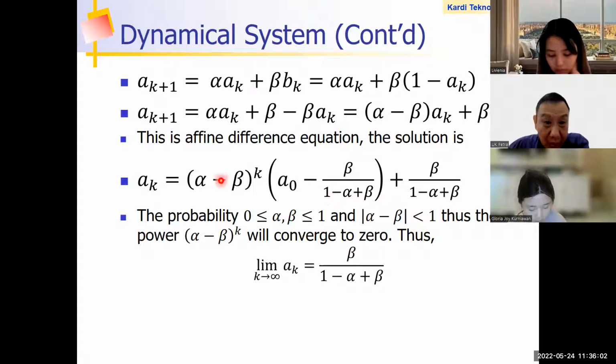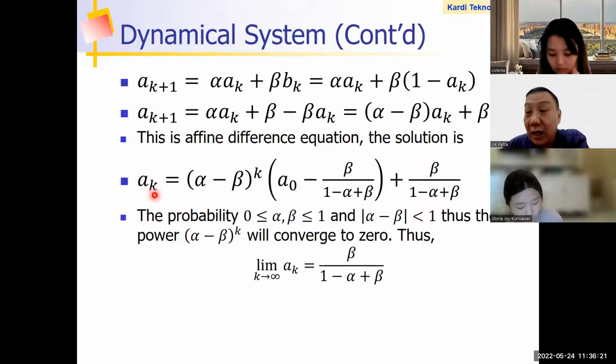Because alpha minus beta is less than 1 and you raise it to the power k, this part will converge to 0. That means A_k in the long term will equal this value.